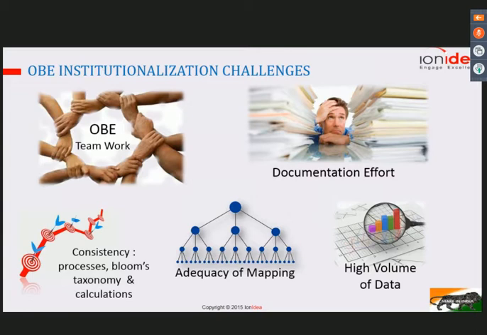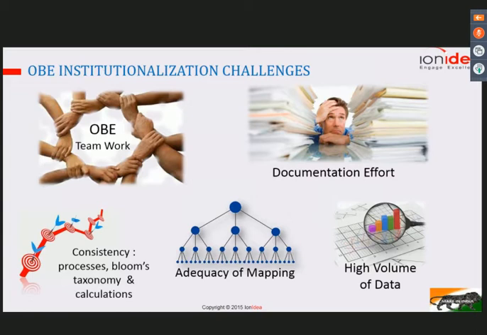Now we can consider the adequacy of mapping. We face challenges in mapping of the POs, PEOs, CO to PO mapping, and further the mapping part has to be taken into the assessment as well as the attainment. So how do we maintain this adequacy? That is a huge part for every faculty to maintain. Higher authorities will give you a set of POs, PEOs.